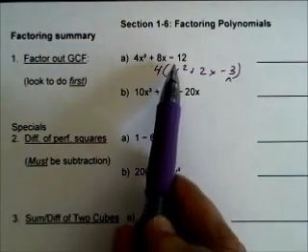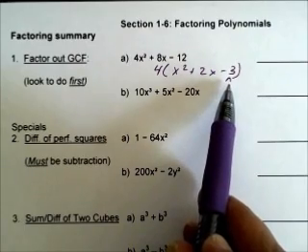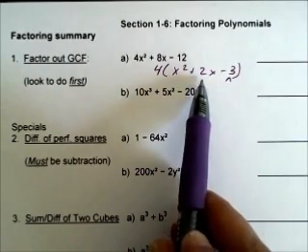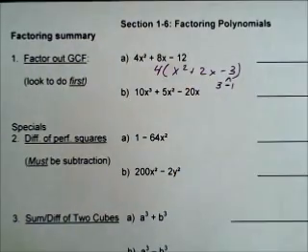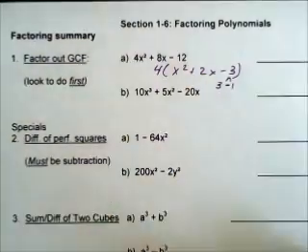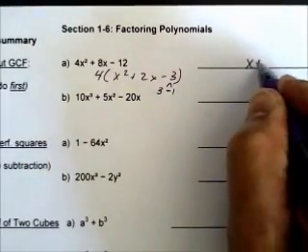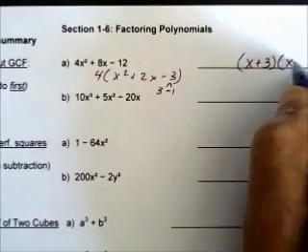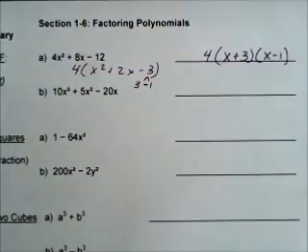The lead coefficient of x squared is 1, so we go to the constant -3. Are there factors of -3 that add to 2? Yes, +3 and -1. So the trinomial factors into x plus 3 times x minus 1. And don't forget to bring over our GCF of 4.